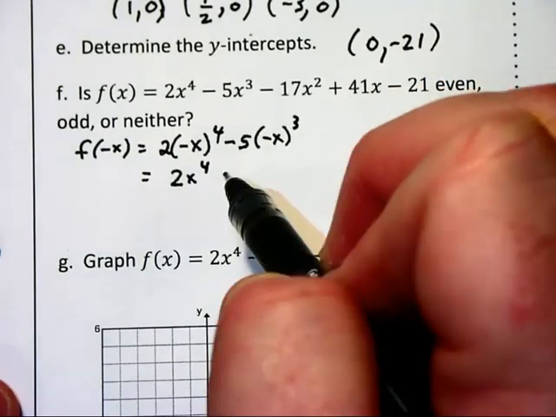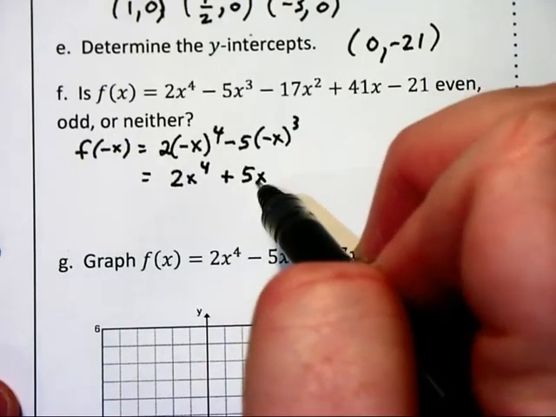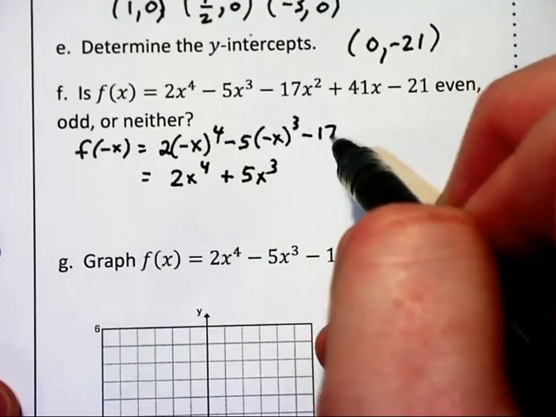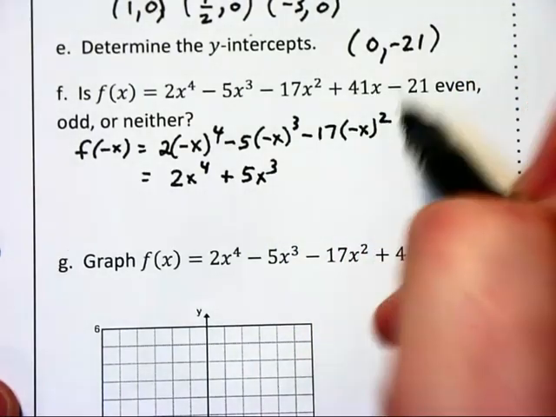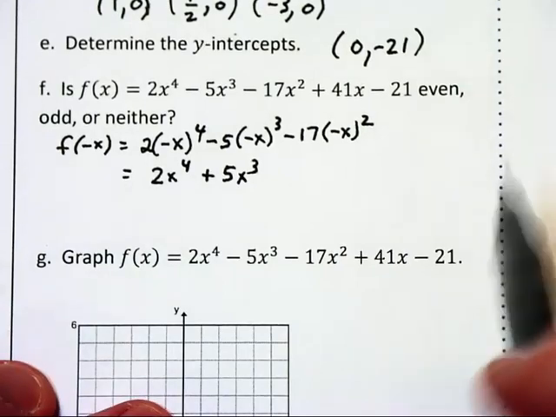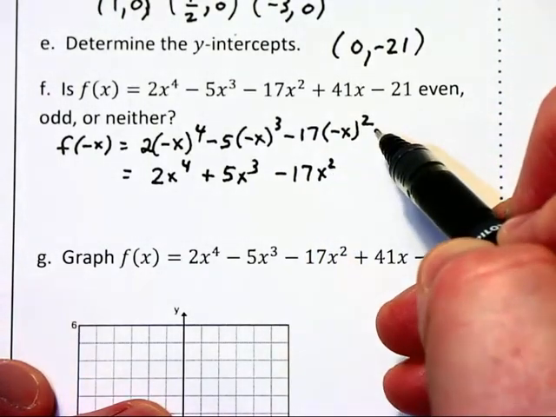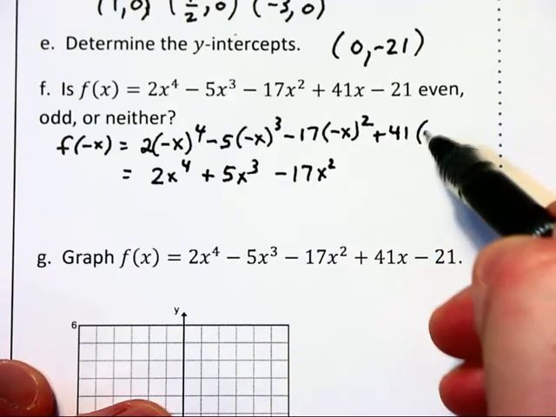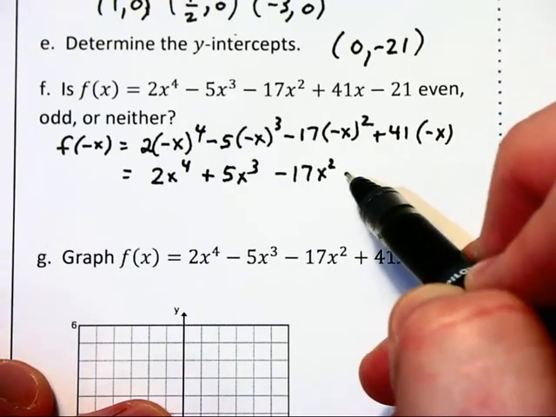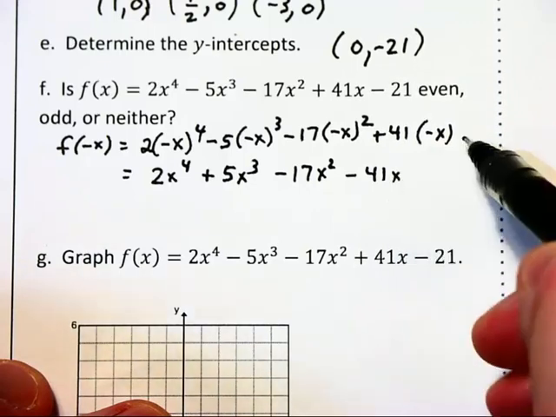That's a negative times a negative, so we get plus 5x cubed. Minus 17 times negative x squared. That will become negative times positive, so negative 17x squared. We're going to have plus 41 times negative x, which becomes minus 41x, and then minus 21 like that.